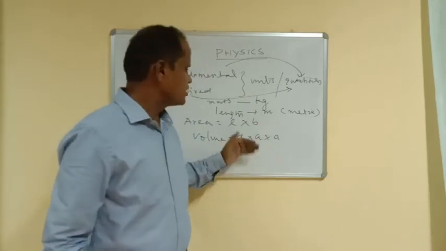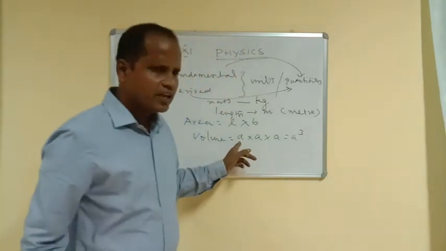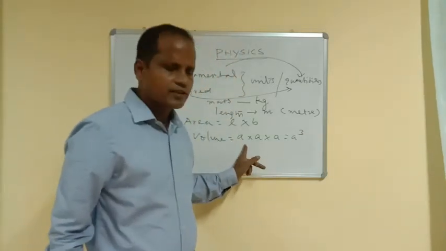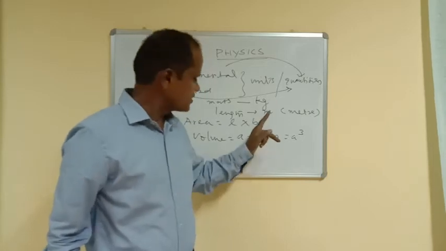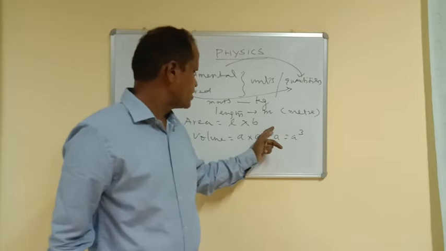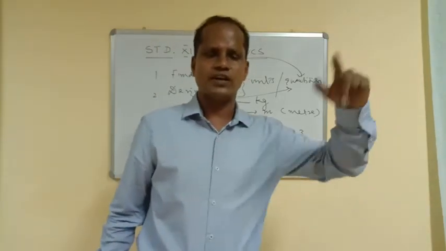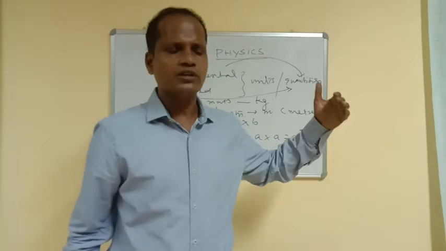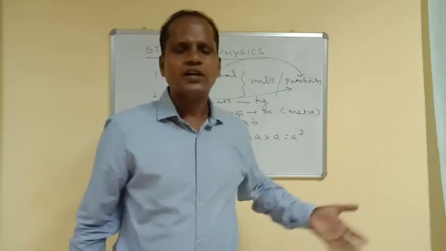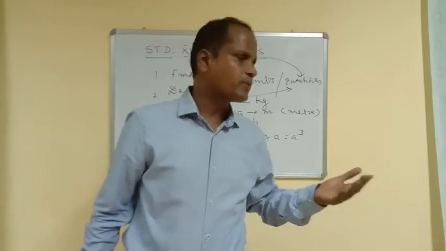So the volume of the cube is A cube. Here each side is a length, so length is the basic quantity used. That's why volume is called a derived quantity of length. By this way we can derive various physical quantities based on the fundamental quantities.